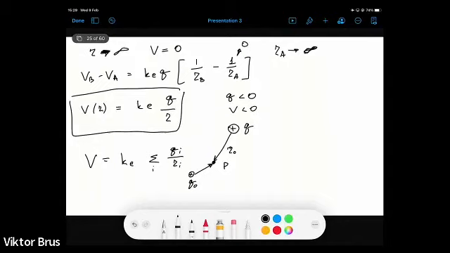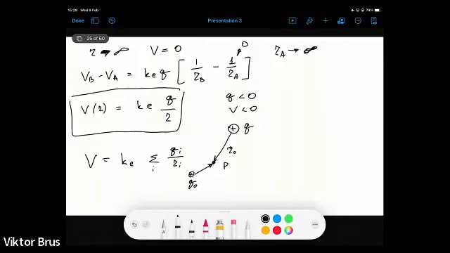So we move this test charge from a point with 0 electrostatic potential to point P at distance R naught from our point charge Q. Since these are two positive charges, they will repel, which means that the potential energy of such a system, point charge Q and test charge Q naught, will be positive. It will be larger than 0.